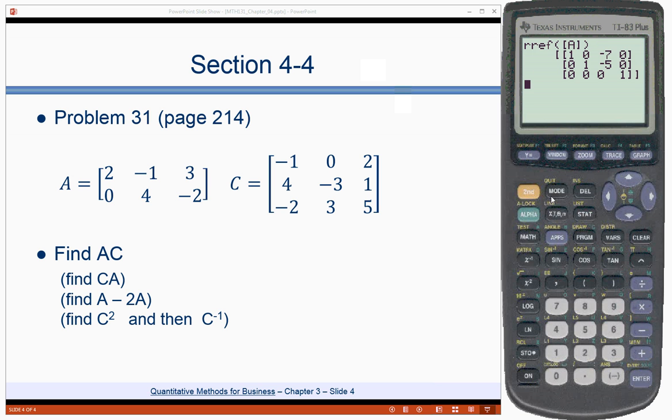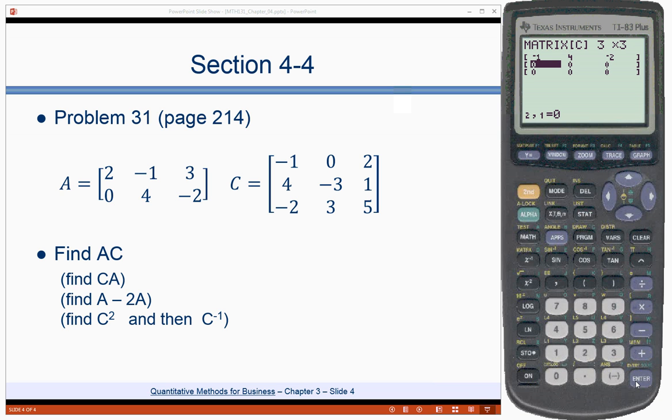And I want to create a matrix C that's a 3 by 3. Second matrix, edit. Let's actually use matrix C. So I scrolled down to matrix C. So I'm going to edit matrix C. It doesn't have anything in it yet, so I need a 3 by 3 for that one. And the numbers are -1, 4, -2.